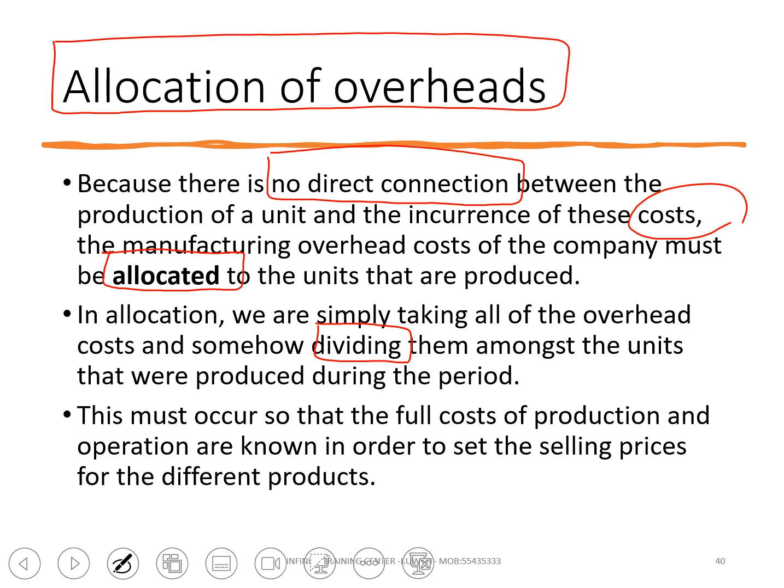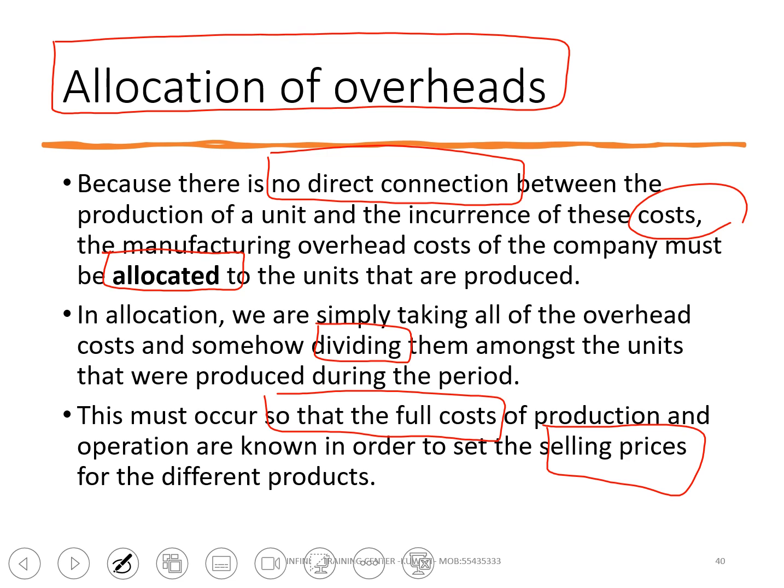And this must occur so that the full cost of the production and operations is known, and this will help you to set a selling price, because if you don't know the total cost of a product, you cannot set a selling price, right? First you have to know the total cost of the product, then you will set the selling price. So to set the selling price, you should know the total cost of production, not just the cost of the material and the cost of the labor.